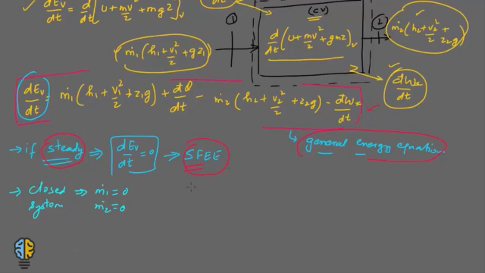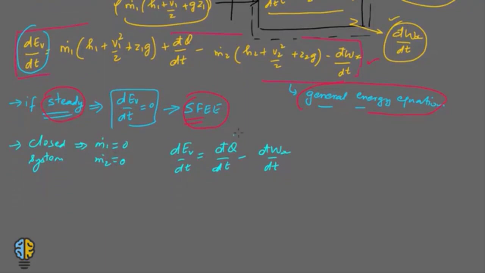When these two are 0, the equation reduces to dEV by dt is equal to d dash q by dt minus d dash wx by dt. I hope by now you understand why we put a dash on top of d for q and w and not for e, because of the difference between path and point functions.